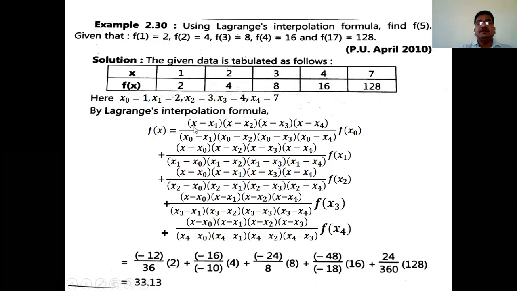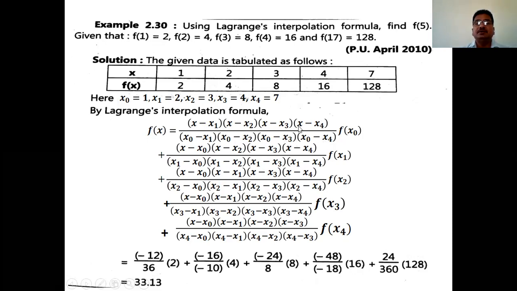So what is the first term? f of x is equal to, x minus x naught is not in this term. So what is the term? x minus x1, x minus x2, x minus x3, x minus x4, divided by x naught minus x1, x naught minus x2, x naught minus x3, x naught minus x4.